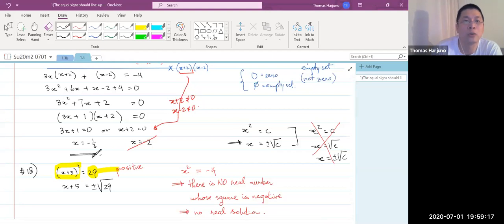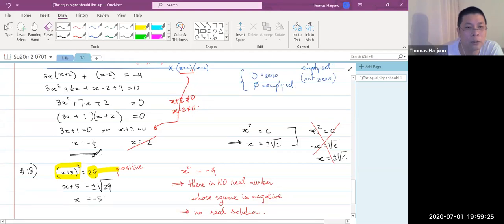Now in this number 18, the left-hand side is already a perfect square, so I can apply the square root property and then move the positive 5 to the other side, where it becomes negative 5.